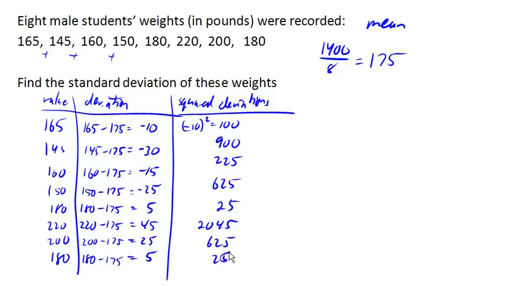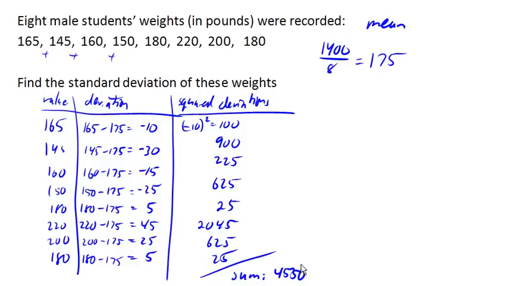And now we'll add all those up, and the sum of all of our squared deviations is 4550. So remember that standard deviation is found by finding the sum of the squared deviations, and then dividing by either n or n minus 1.